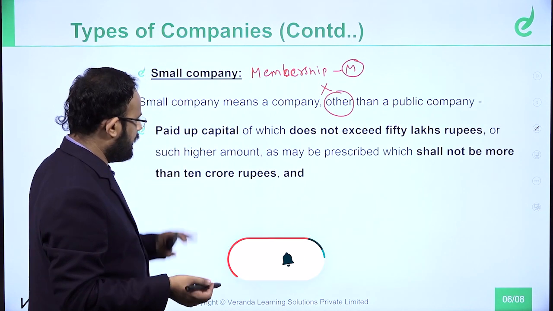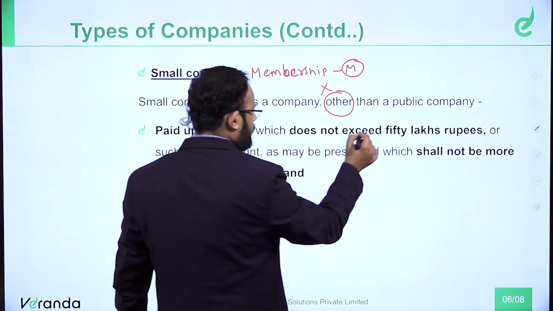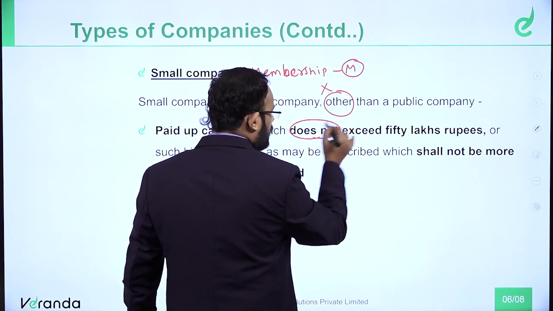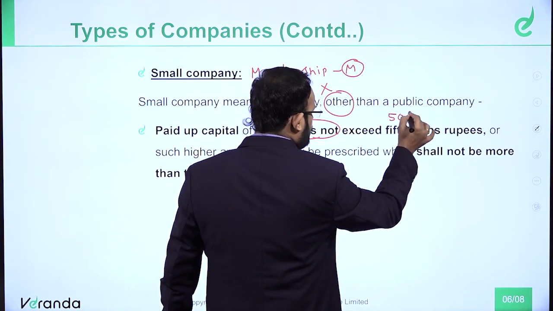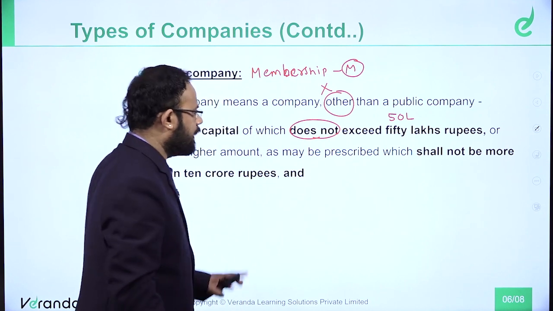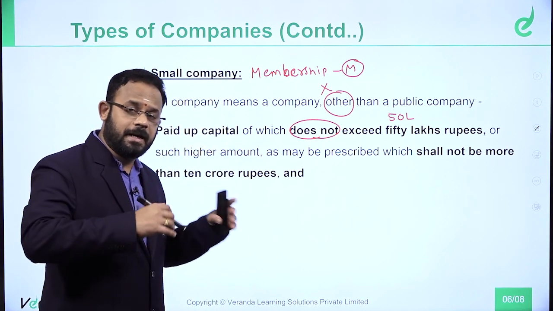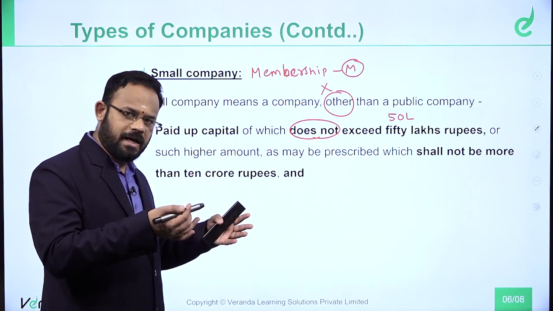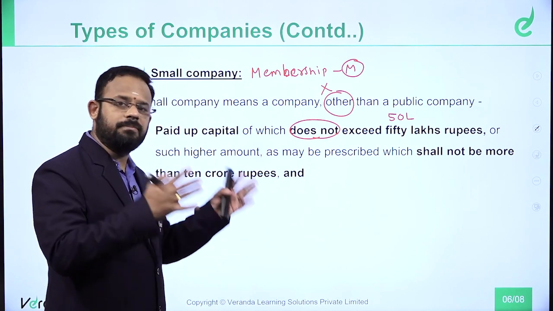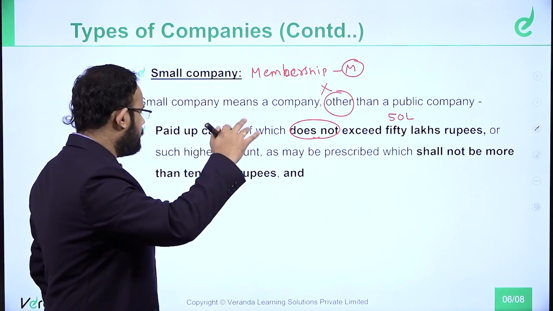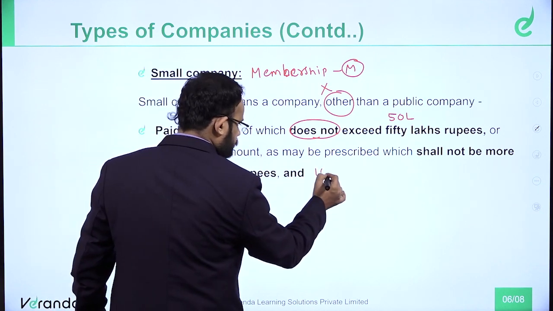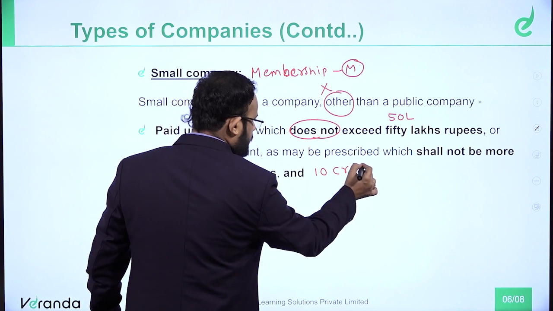Paid up capital, important point, paid up capital not exceeding how many lakhs? 50 lakhs. Okay. Now what are they adding? Or any such higher amount as may be prescribed. Later when they prescribe, if they want to increase from the 50 lakhs, that should not be more than 10 crores. So what are they saying?